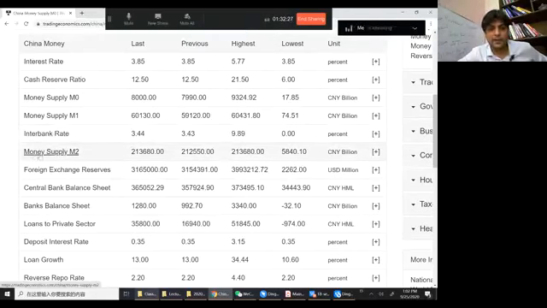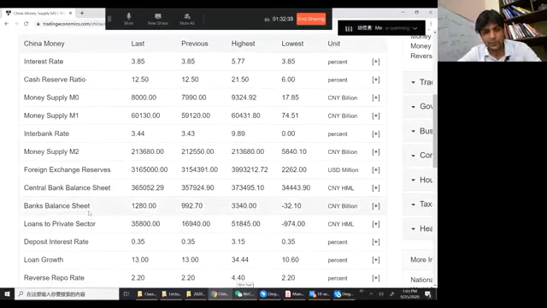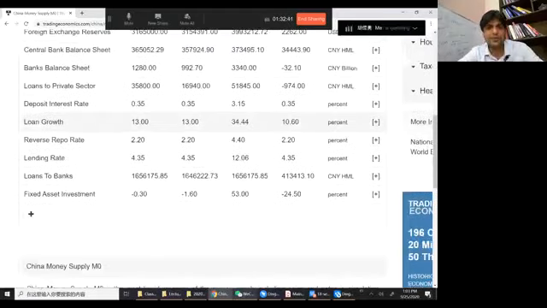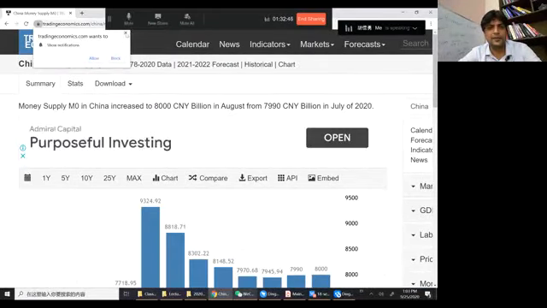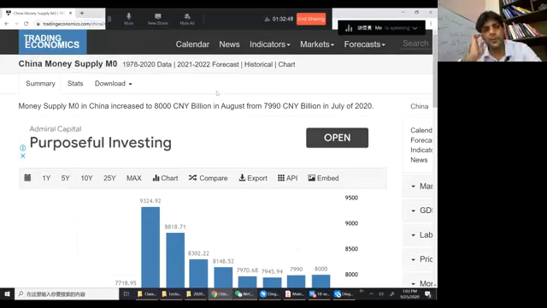And then money supply M2 is 218 trillion RMB. You can also get the central bank balance sheet, banks balance sheet, and loans to the private sector. You can get a lot from Trading Economics data, so that's a really useful website. You can even get the maximum data.